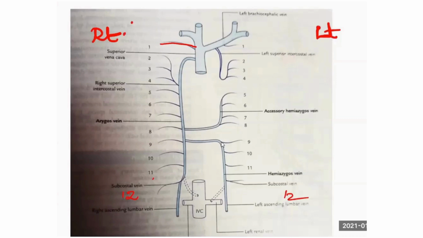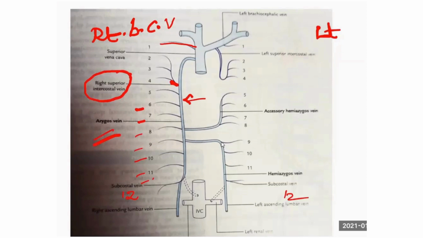Right brachiocephalic vein. 2, 3, 4 unite to form the right superior intercostal vein, which drains into the azygos vein. 6, 7, 8, 9, 10, 11, 12 again drain into the azygos vein.